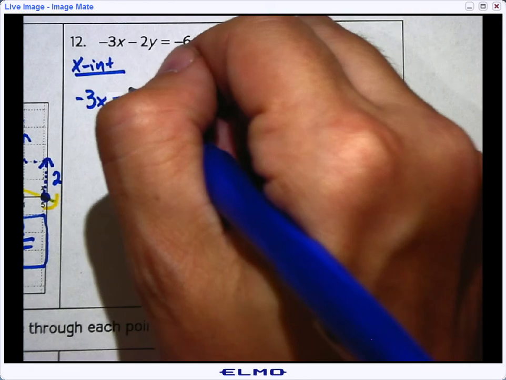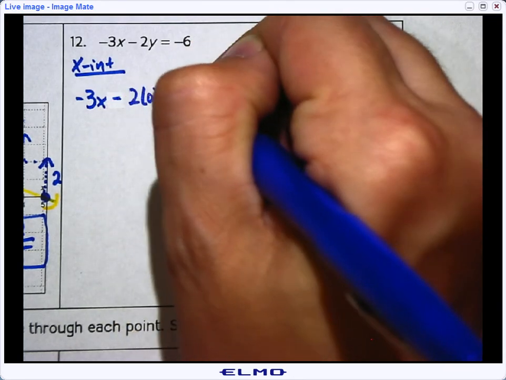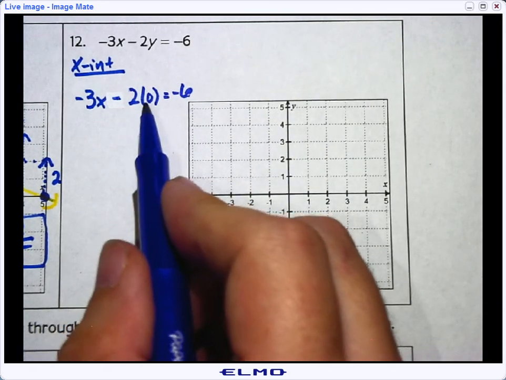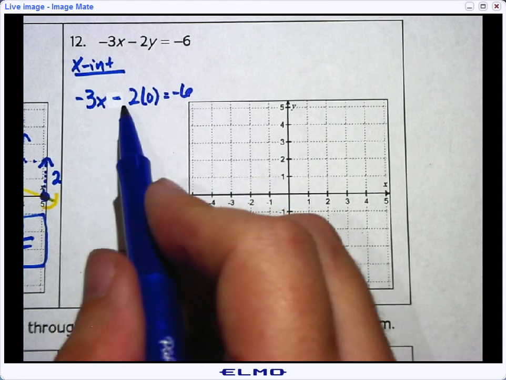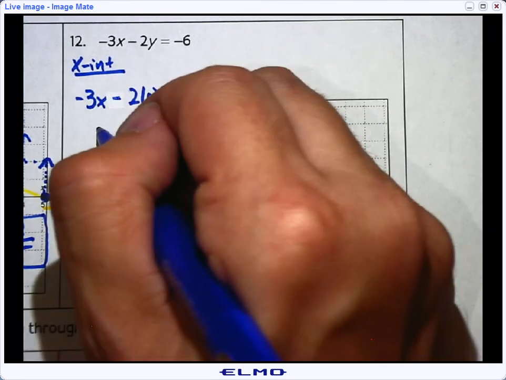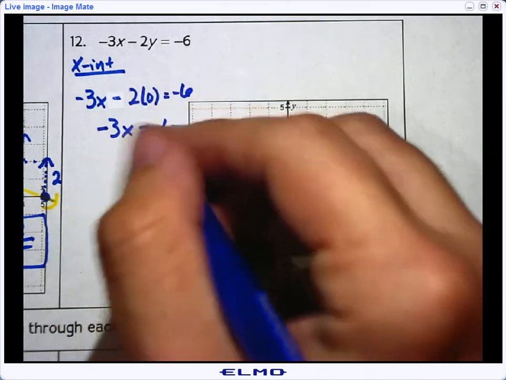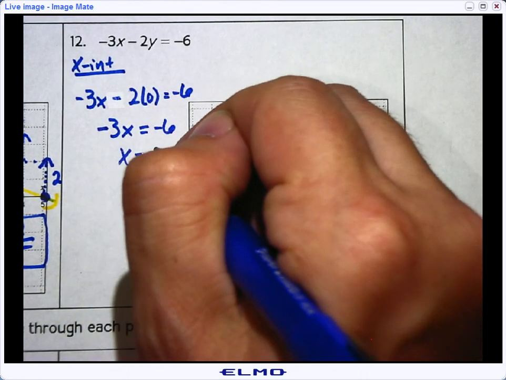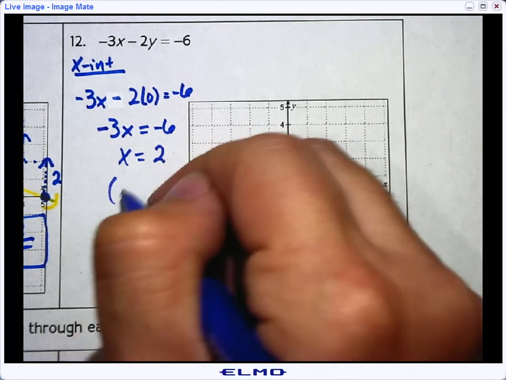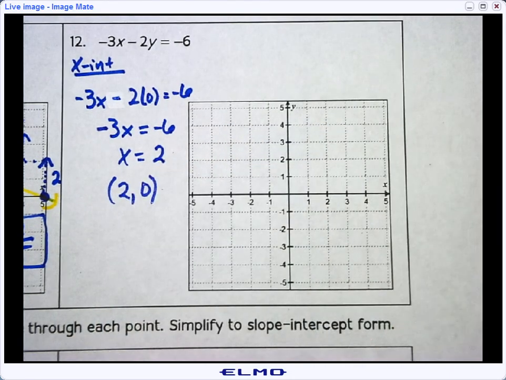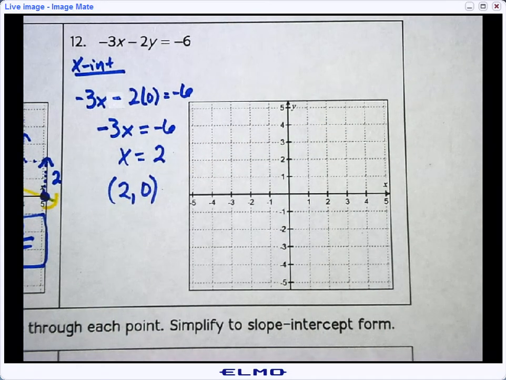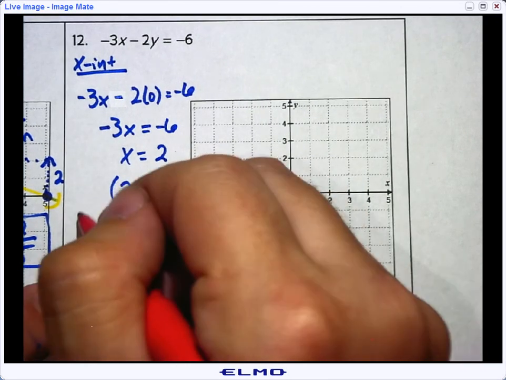Well, 2 times 0 is just 0. Take something, subtract 0, you just get that something back. So negative 3x equals negative 6. Divide both sides by negative 3, we get x equals positive 2. So we have the point 2, 0. Similar story for the y-intercept.